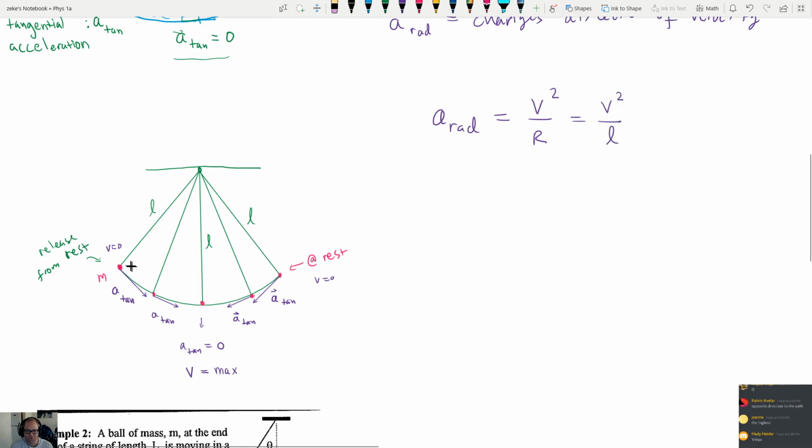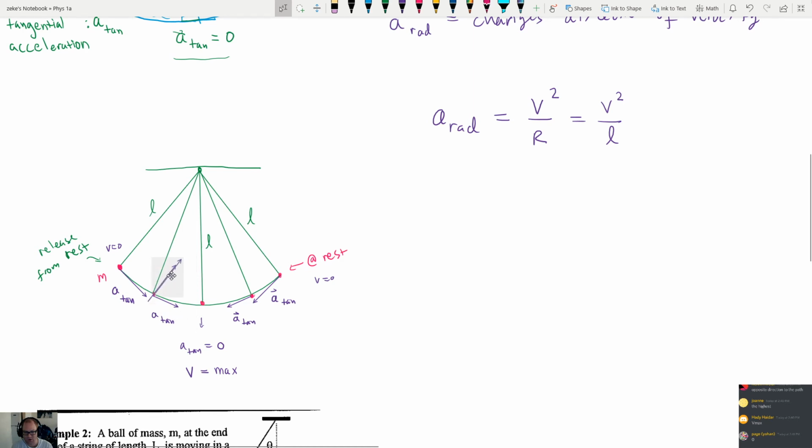Okay. So if the velocity is 0 right here, what's the radial acceleration going to be? It's also 0, right? Because that's what the equation says basically, right? Okay. So no radial acceleration there. Although technically it would feel a force. It's just the value would be 0.